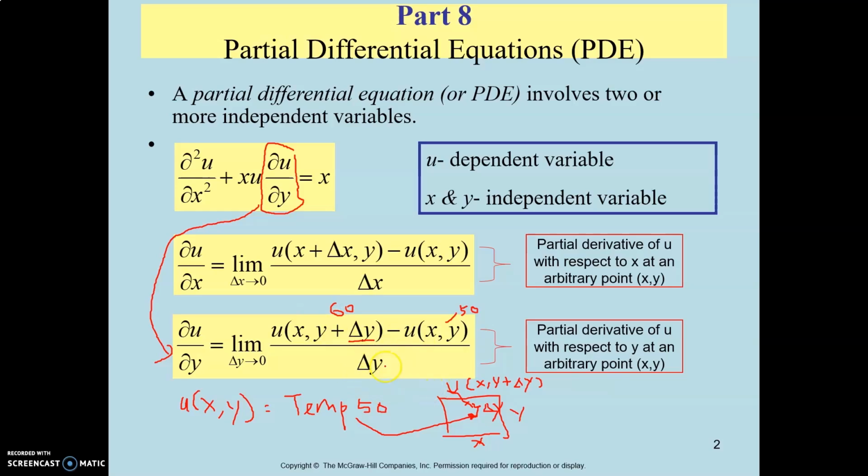Delta y here is the distance between these two points. For example, you choose delta y to be 1, so you substitute 1 here. The distance between these two points is 1. Of course, if you choose the step size delta y to be 1, the accuracy for delta u over delta y will be low.